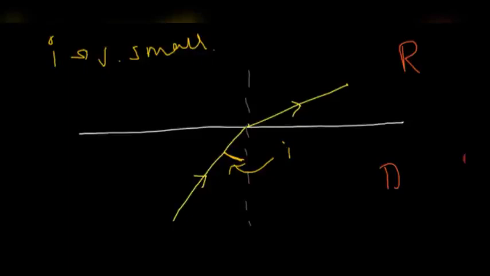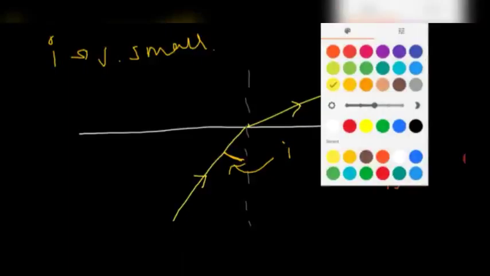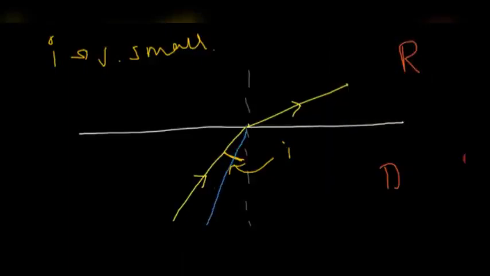Then if I draw a line here with a different color, it will be like this. Understand? And if I draw again from here with a different color, it will go this side. Now as you can see, it is getting closer and closer to this surface.